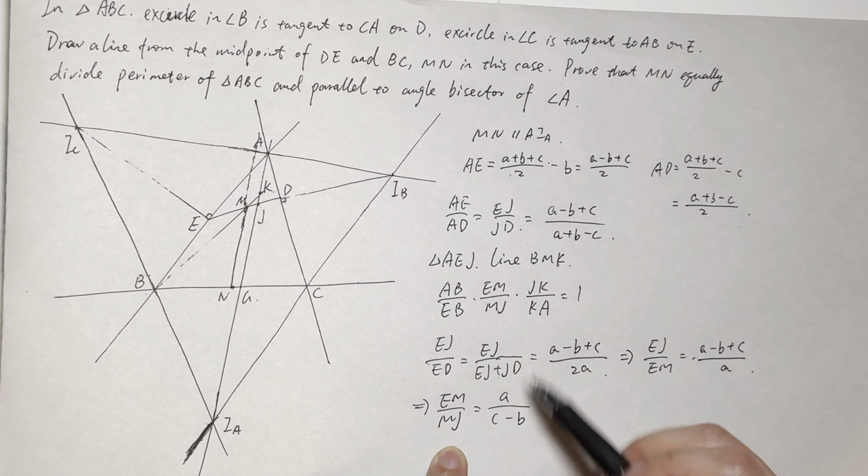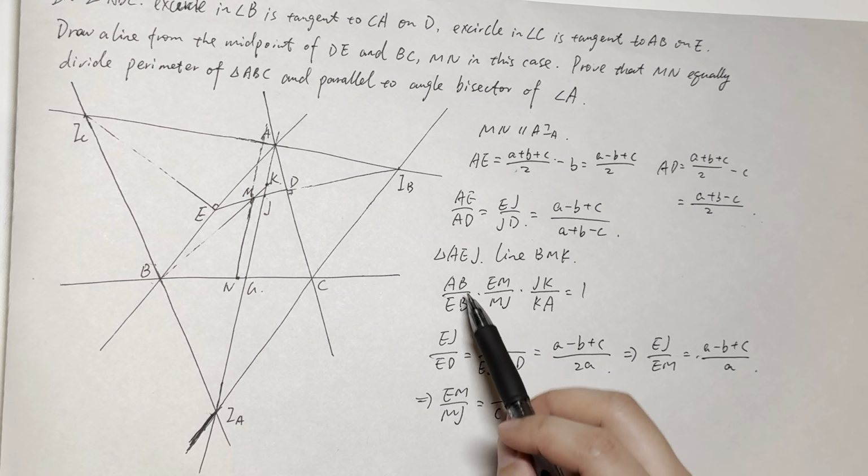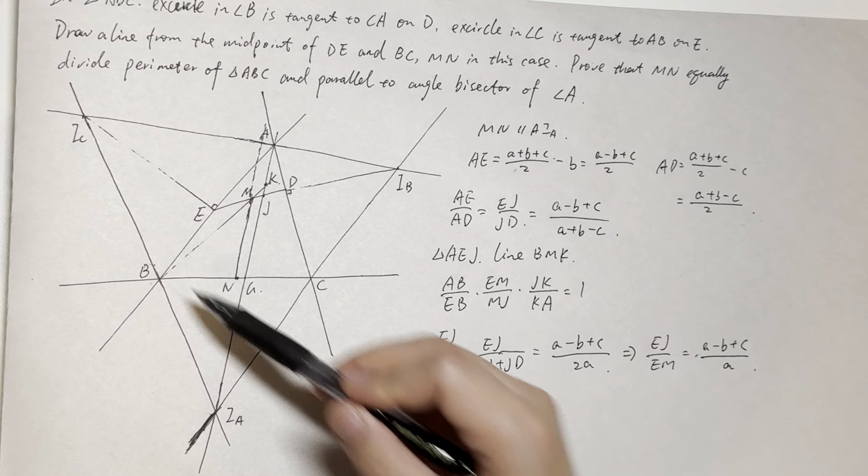And now let's put these things back into this equation. So we have AB to EB. What is EB?